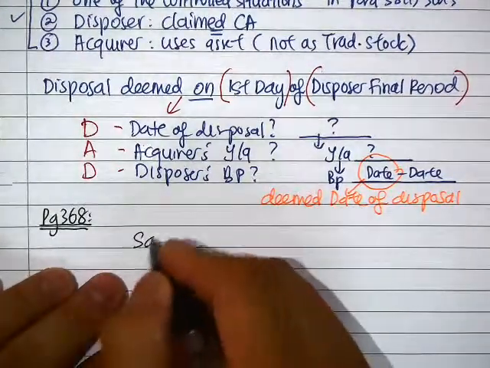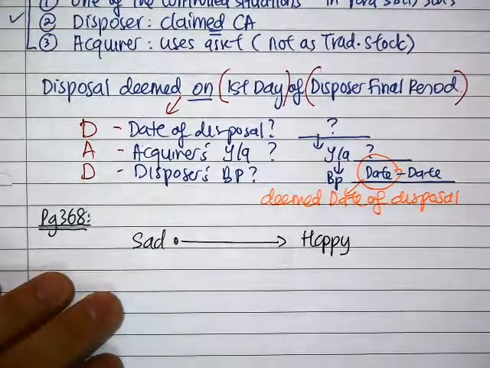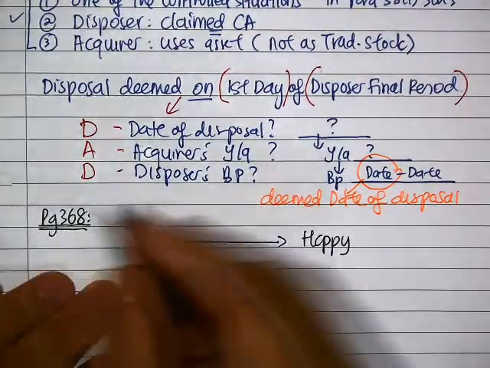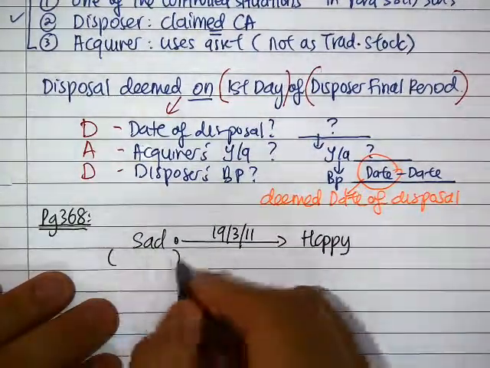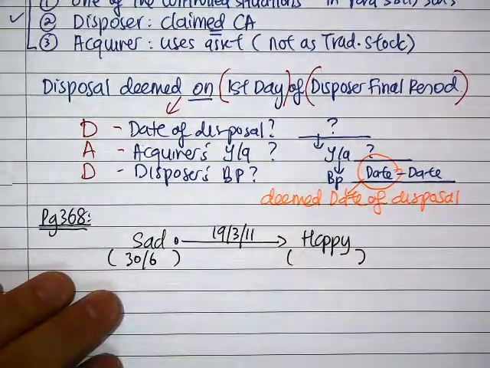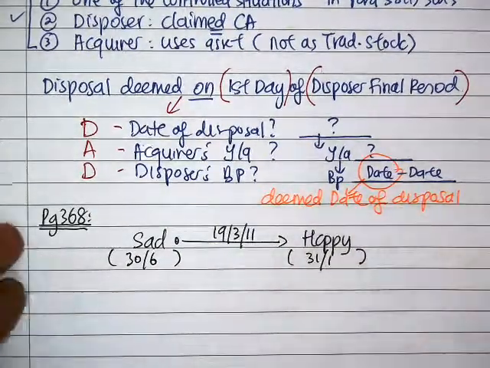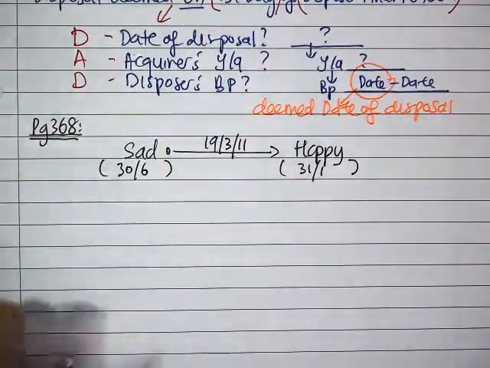SAT disposes to Happy. Now the date they dispose is 19th of March 2011. Now the year end for SAT is 30th June. Year end for Happy is 31st January. Enough already, okay?